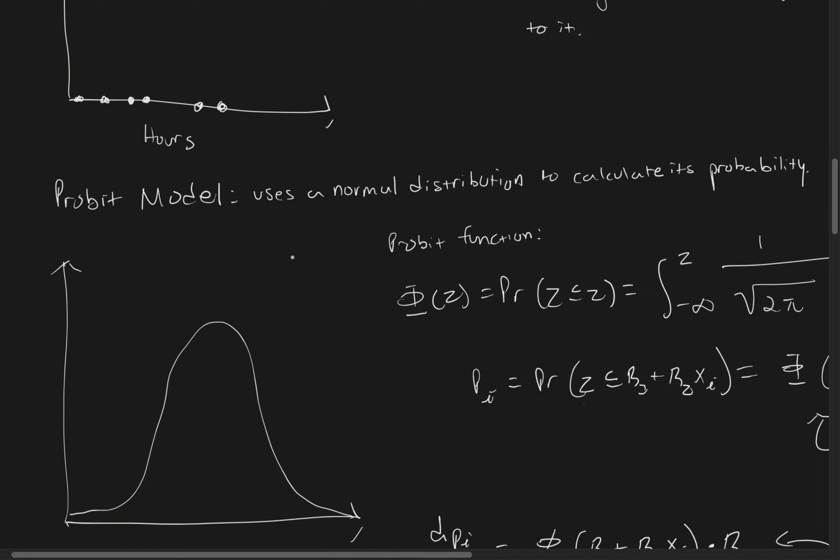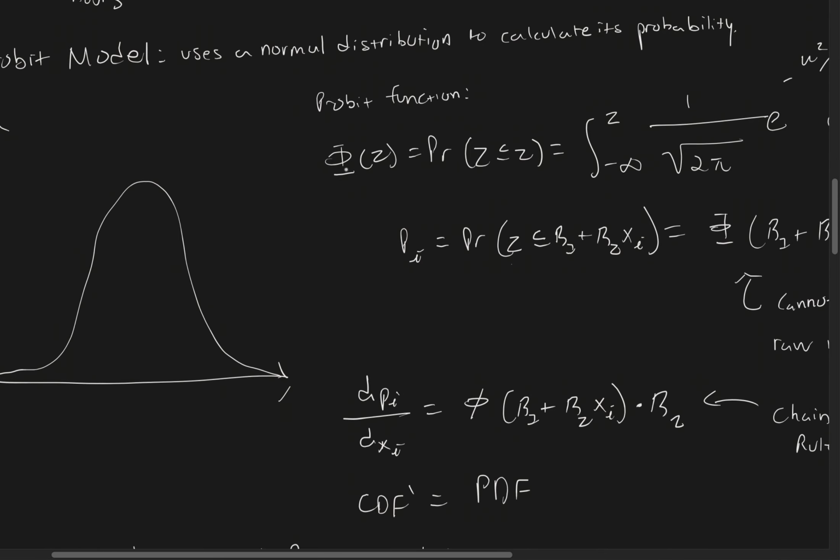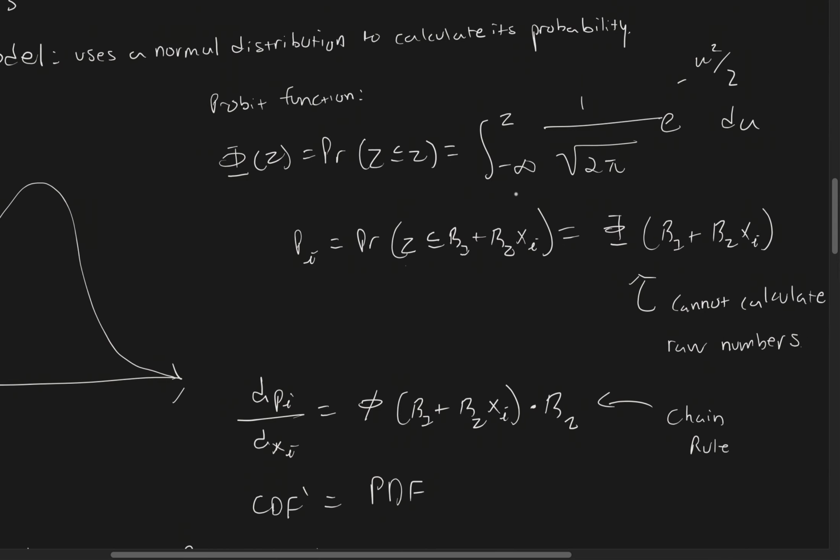So the Probit model utilizes a normal distribution, not a linear model, to calculate its probability. Given the phi here, I believe that's what the Greek letter is called, the probability of a specific interval is given by this normal distribution function here. Not going to read it all, but this is the normal distribution formula.